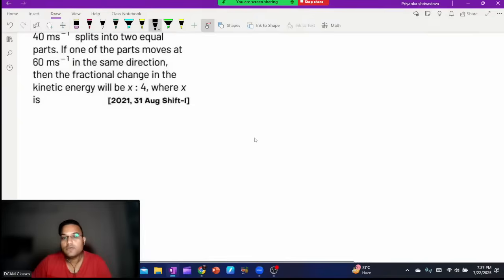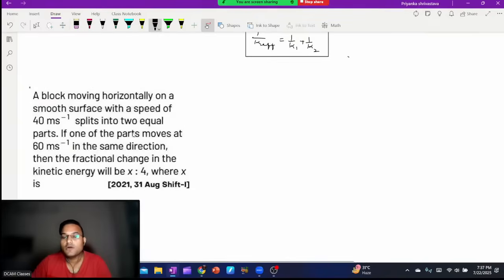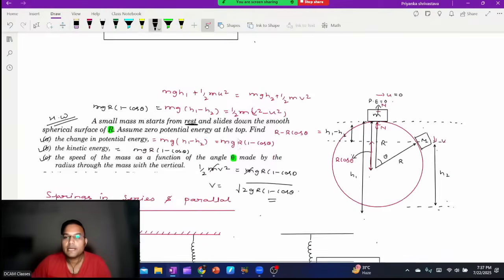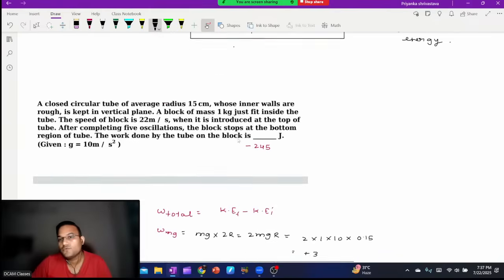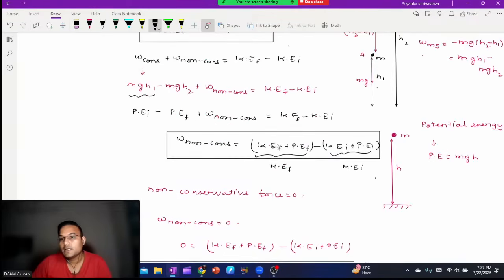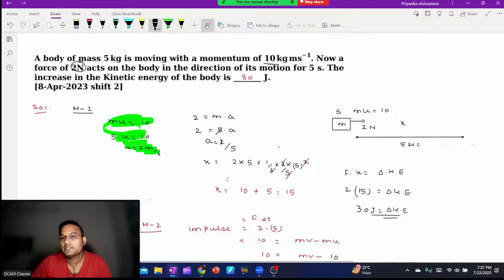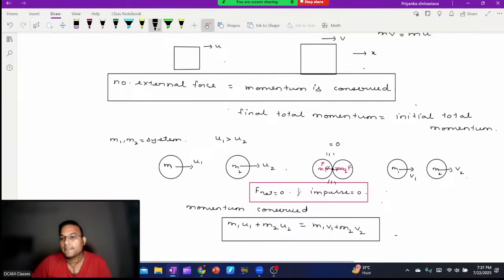See, how we'll do it. The law of conservation of momentum will be applied, because there is no force acting on this. Why is no force acting on this? Because when this particle explodes, it will explode into two pieces, one part this, one part this.